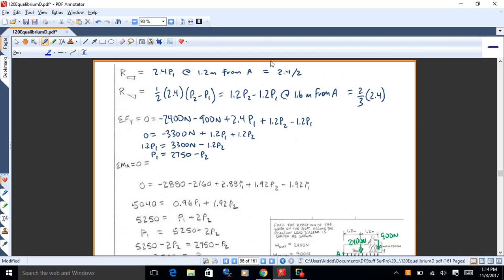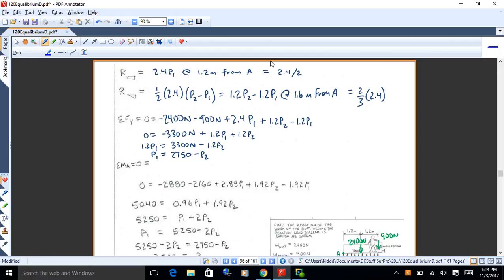And then you can sum moments about A also, which will involve all those forces up there that you see times their respective moment arms. And what I'm doing there, I'm going to have two equations and two unknowns, so I'm just setting up for that. I solve the sum of Fy equation for P1.